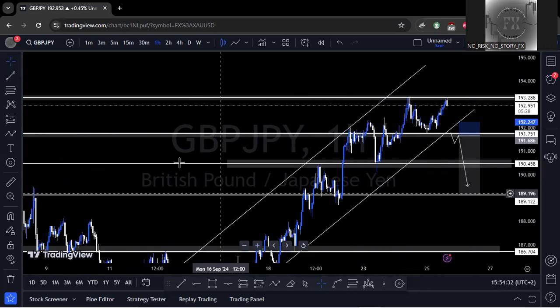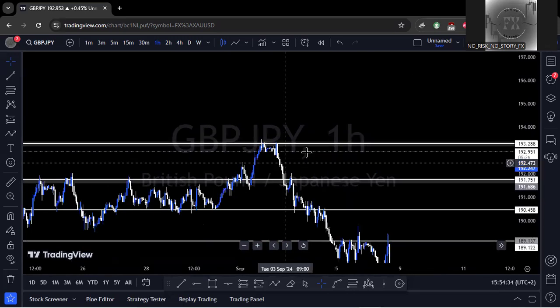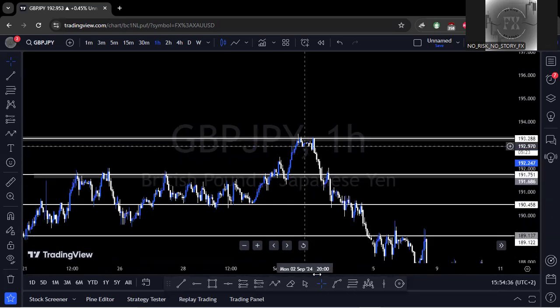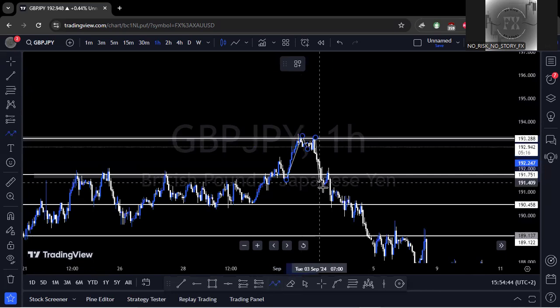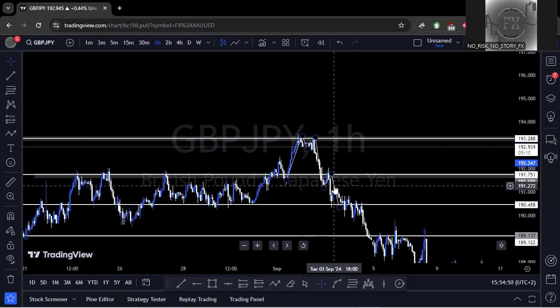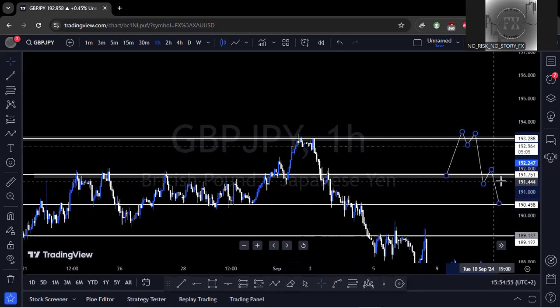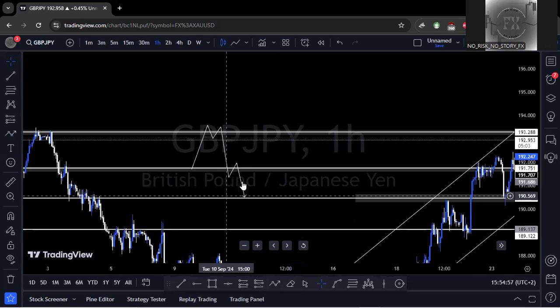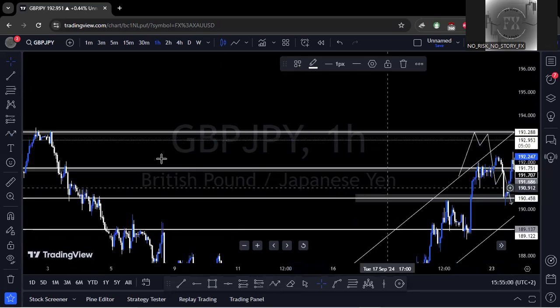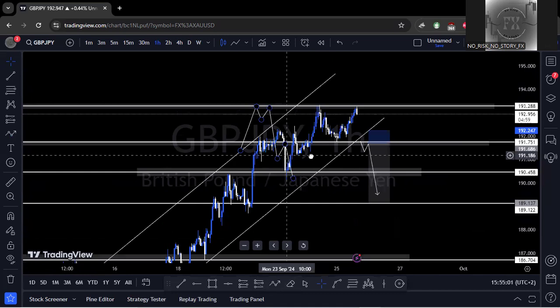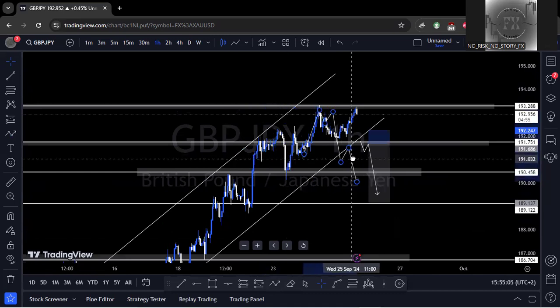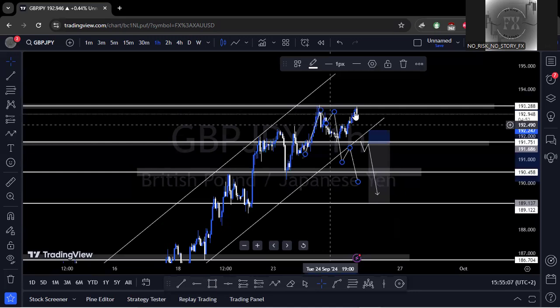So you can see that when it comes here, it creates some sort of a double top formation, right? What happened here, we can expect to happen again here, right? It's just that now it's a little bit wider, right?